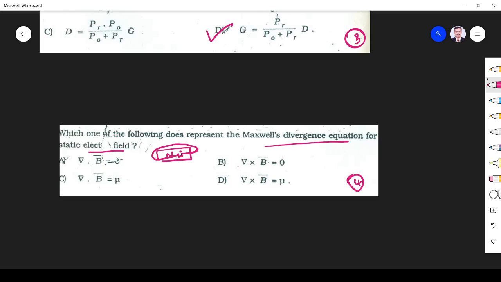So it is a closed loop. It will rotate, it will curve. Magnetic field is a rotational field. So magnetic field will not diverge. So which is talking about that del dot B is equal to 0. That means the divergence of magnetic field is 0. That means magnetic field only rotates. Magnetic field will not diverge. So option A is the correct answer.